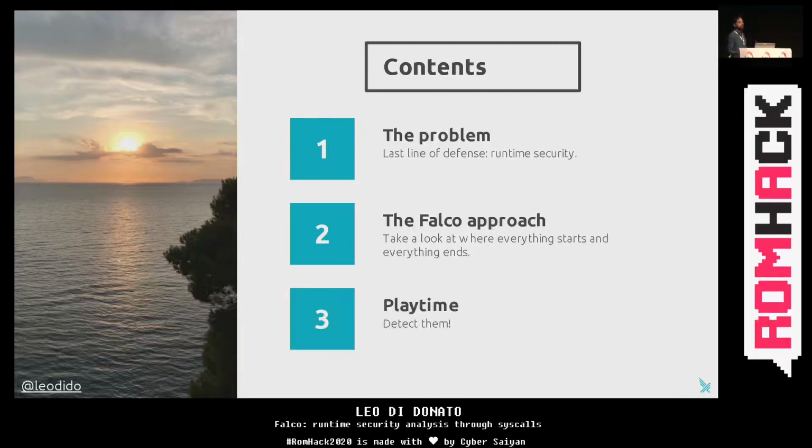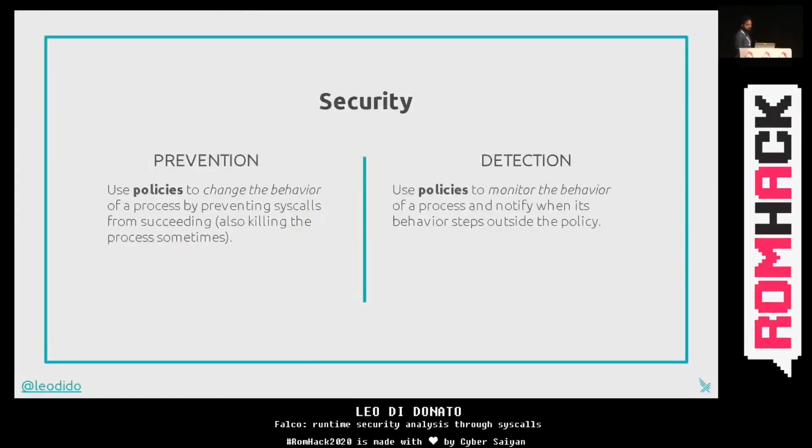We'll see how the Falco engine, a rule engine with a rule language, asserts those rules that define policies against the events that we collected. And finally, we'll try to have some fun with some CVEs on Kubernetes and some other detections that I will demo.